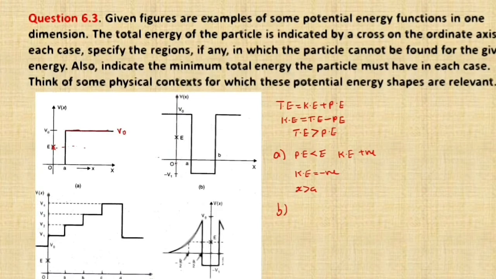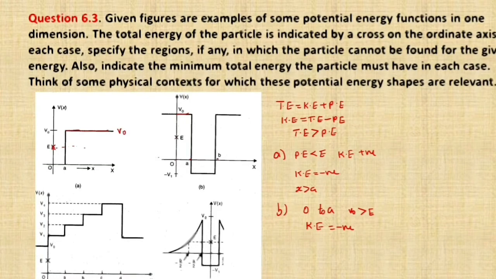In the second diagram, once again from O to A, this is the total energy and the potential energy is marked here. In that region, from O to A, the potential energy is greater than the total energy. So the kinetic energy in that region becomes negative.